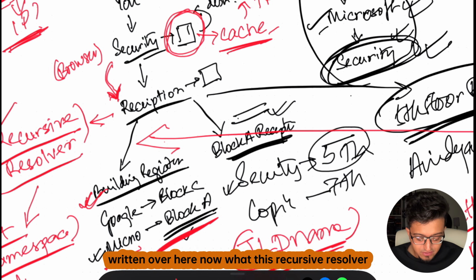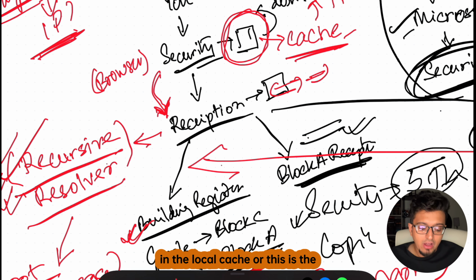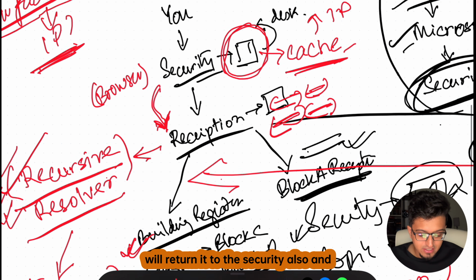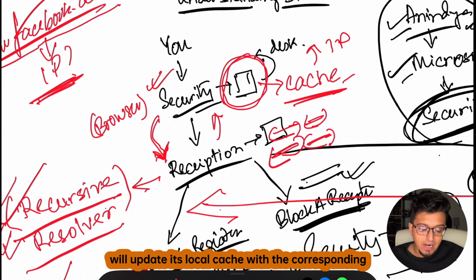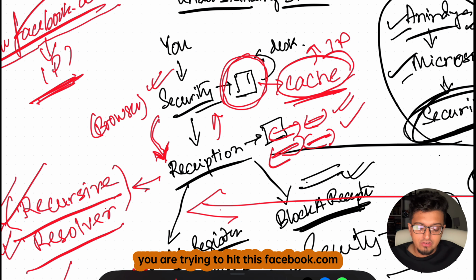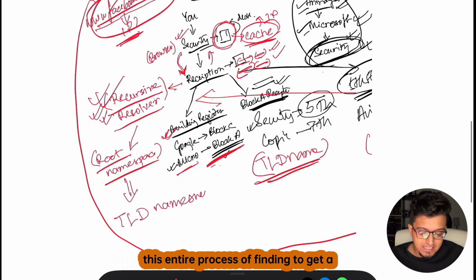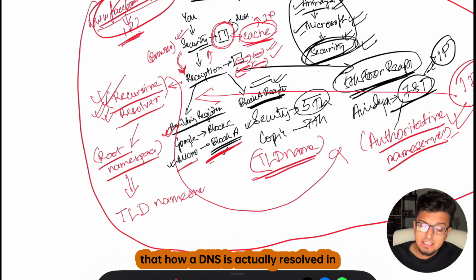Now what this recursive resolver will do is take note that for this person, this is the IP address of the corresponding server in the local cache, and it will return it to the browser also. The browser will also update its local cache with the corresponding IP address of the server, so that in the near future, whenever you try to hit facebook.com again, it does not have to go through this entire process of finding a particular IP. I hope you are thoroughly clear on how a DNS is actually resolved in the backend.